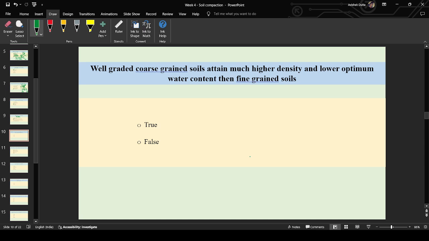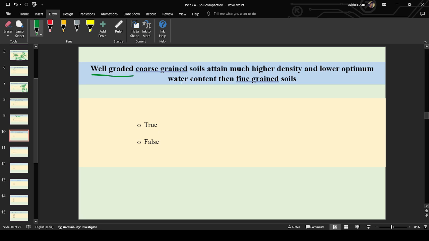Specific surface is also a parameter with respect to that. They need more lubrication firstly. So fine grain soils will need more water, and obviously coarse grain soil will need less water. So lower optimum moisture content.